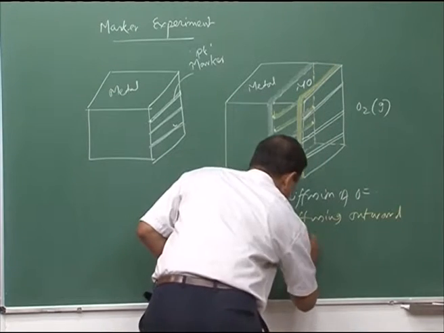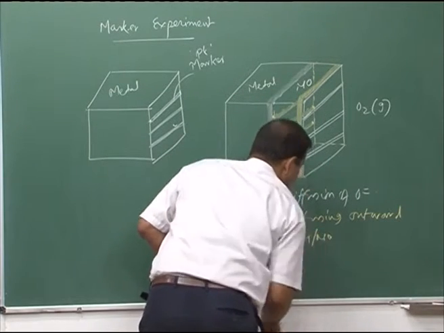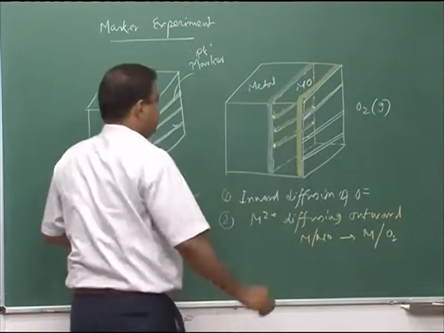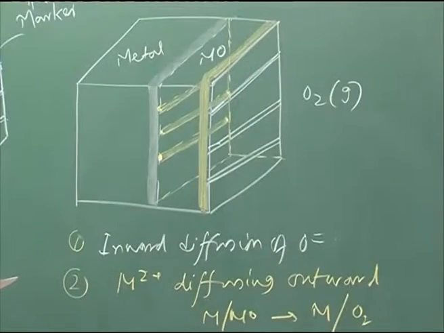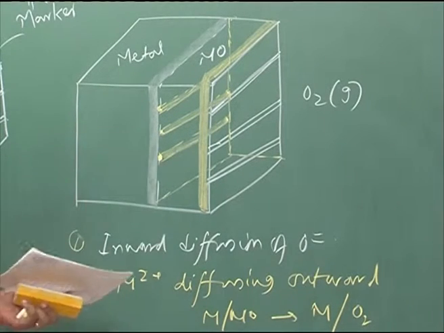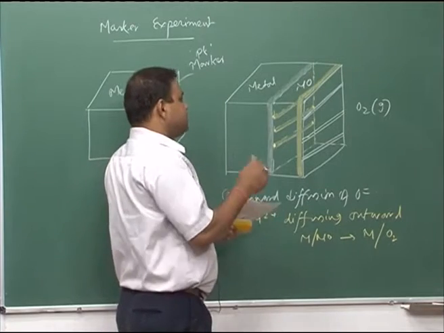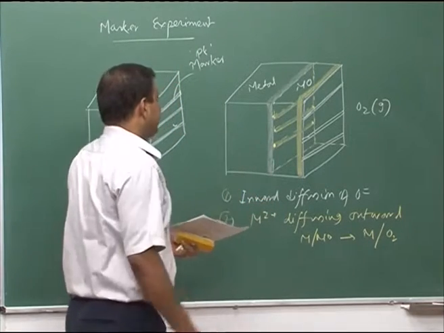So, from the position of the marker we can clearly tell where the oxide is actually growing.